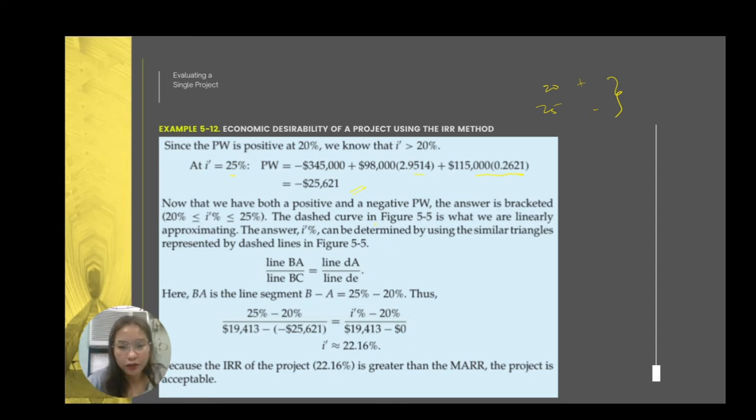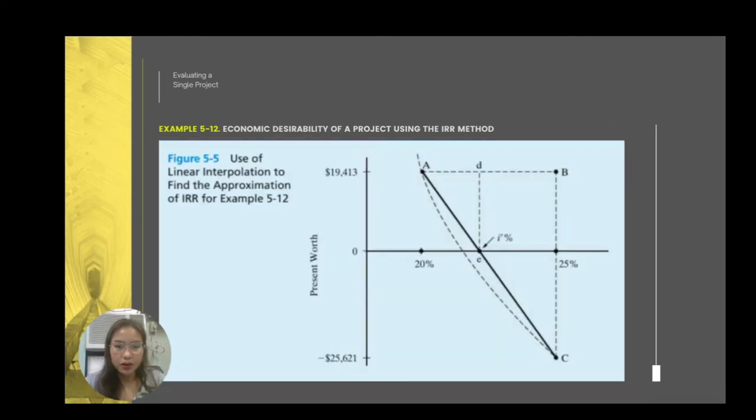The dash curve in the next slide's figure is what we are linearly approximating. The answer, i%, can be determined using similar triangles. We are considering the range of 20 to 25%.